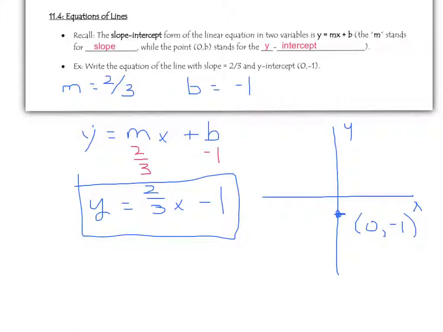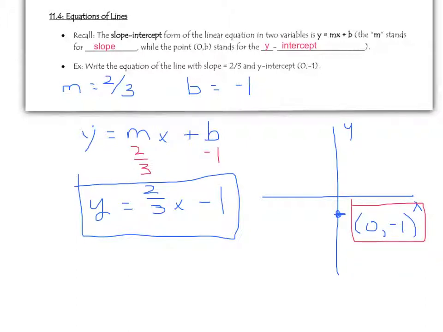So you could say the line crosses the y-axis where y is -1, or you could say the y-intercept, which is the place that the line crosses the y-axis, is the point (0, -1). So on an exam or homework, if you're asked what the y-intercept is, it is not -1, it is (0, -1).